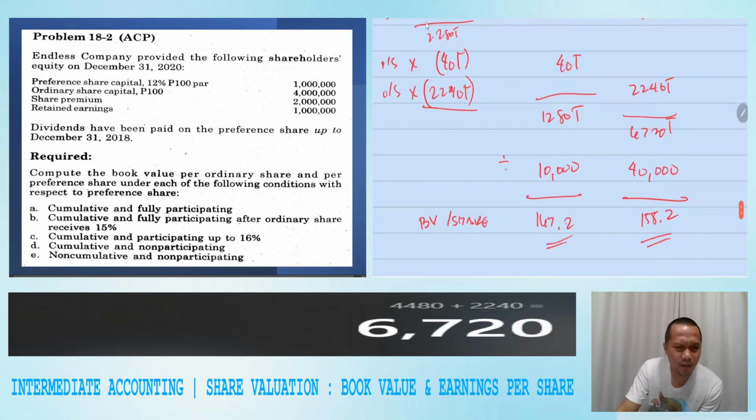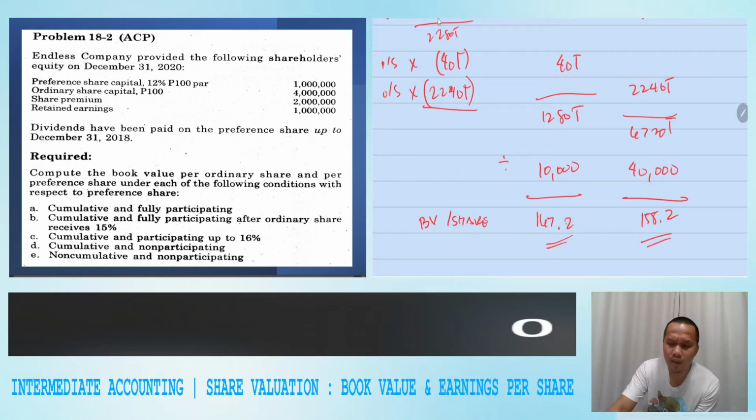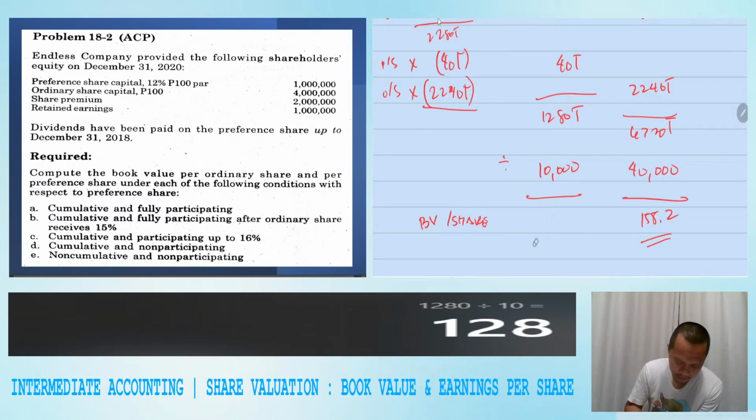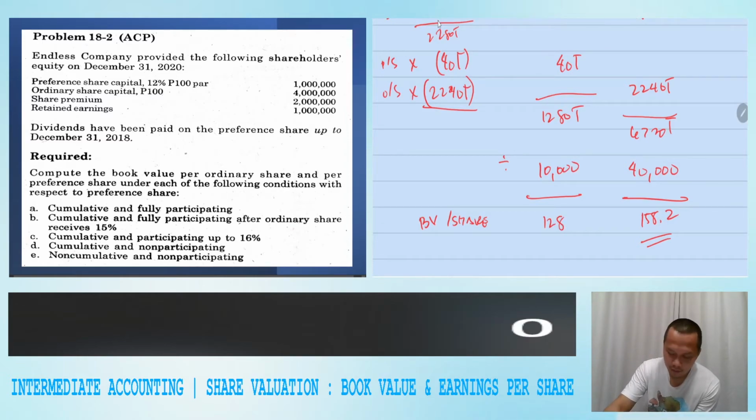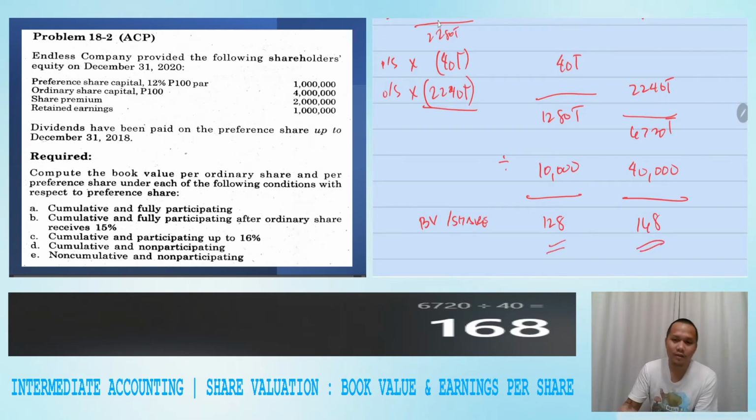So the book value now is 1,280,000 divided by 10,000, 128. For the ordinary share, 6,720,000 total stockholders' equity of ordinary shares divided by the shares outstanding, we have 168. Right? Quick, no?